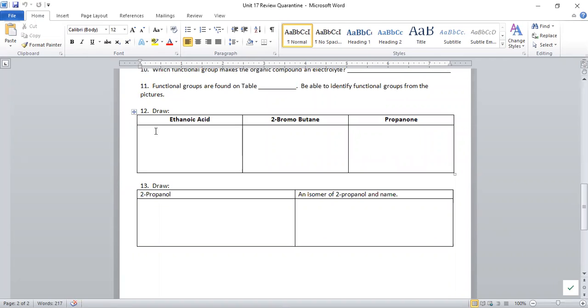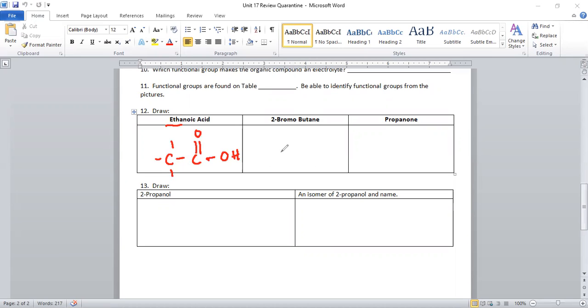So first I would look at my prefix. I have 2 C's. And then I would look on table R and look for the functional group. So an acid has an OH, double bond O and an OH. And then I would add in my hydrogens as needed. This one doesn't need any because it has 1, 2, 3, 4 bonds.